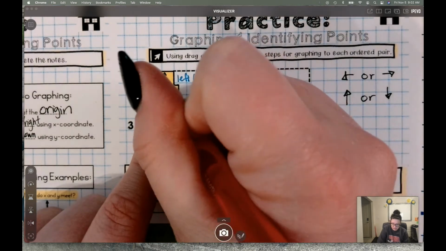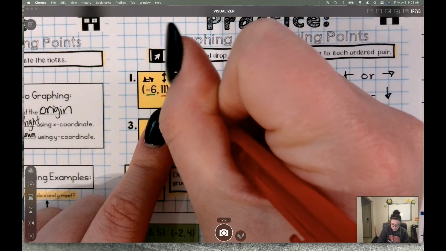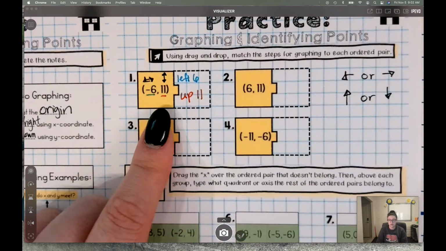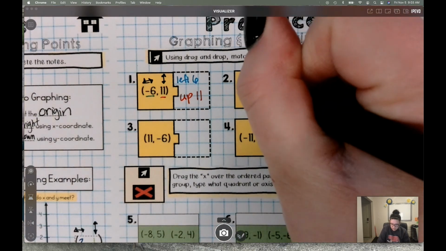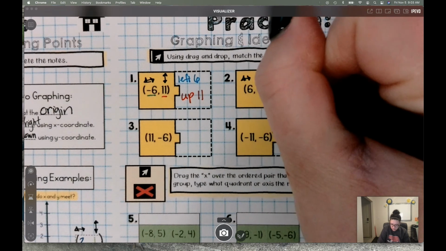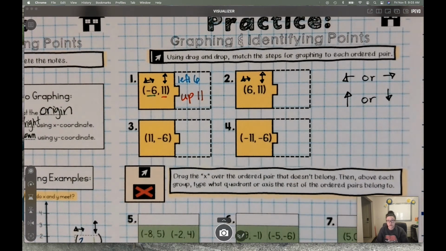It's a positive 11, so then we would go up 11. So we go left 6, up 11 to plot that point. Until you're comfortable doing this, I recommend drawing those arrows over every single ordered pair.